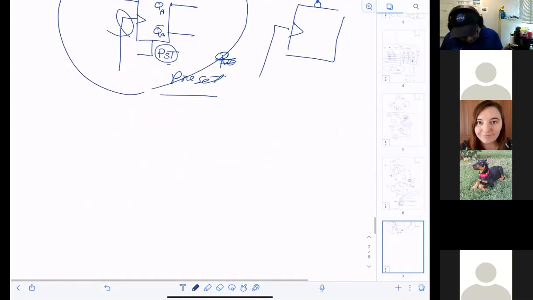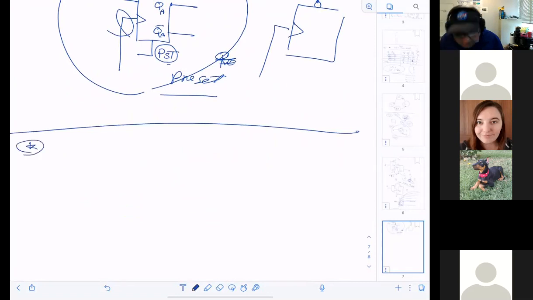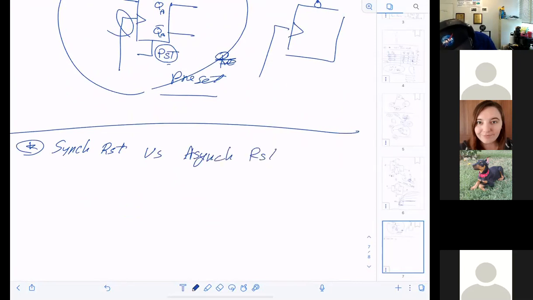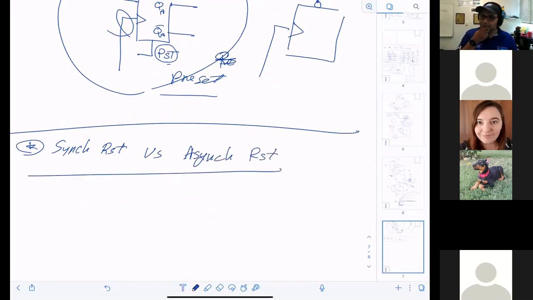Now I also want to define something you're going to see, called synchronous reset versus asynchronous reset. What does it mean? If somebody asks you this question, if you are going for an internship, your answer should be very straightforward.